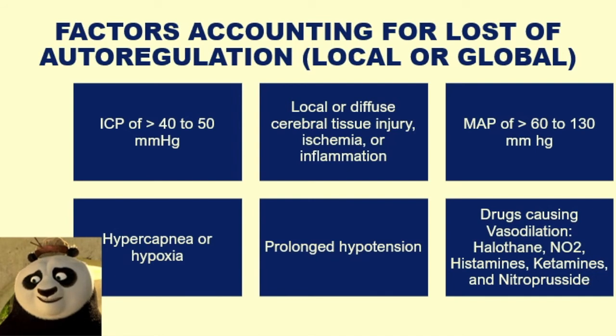Another risk factor that I would like to re-emphasize is prolonged hypotension. I would like to correct the previous entry, so this is prolonged hypotension. Once there is a decrease of the MAP from the normal, which is supposedly between 60 to 100, for prolonged periods of time, you're expecting that the autoregulatory mechanisms of the brain would fail.